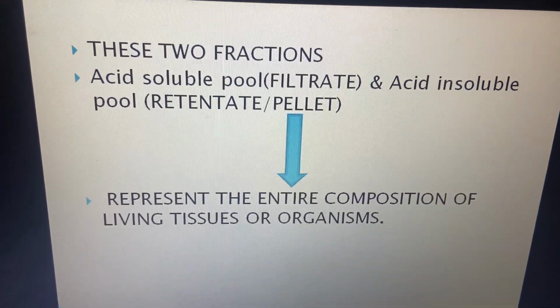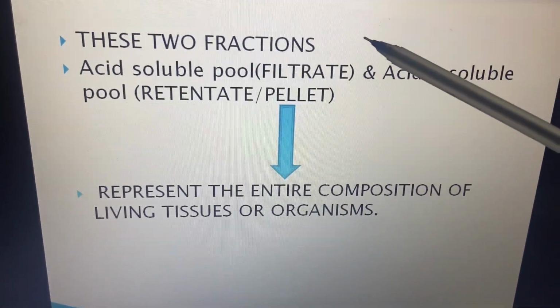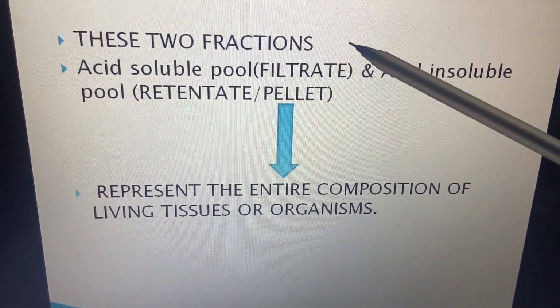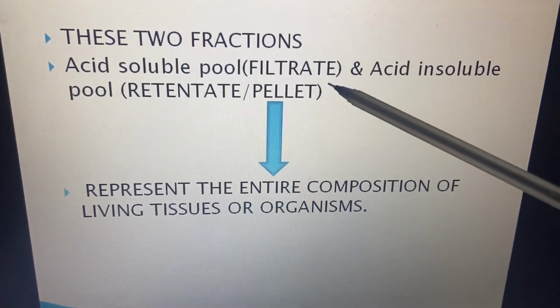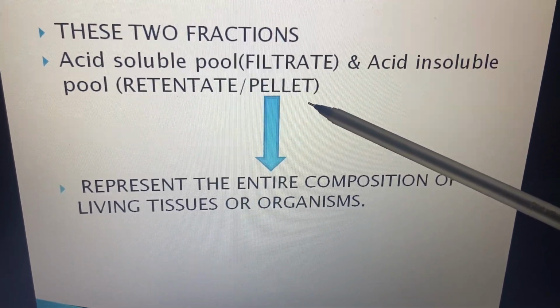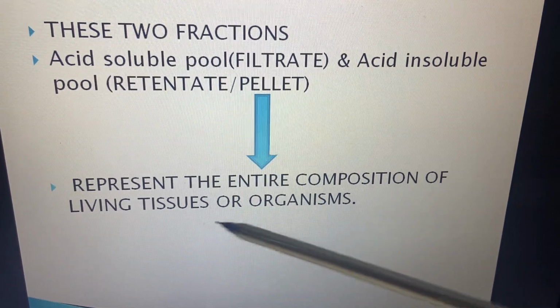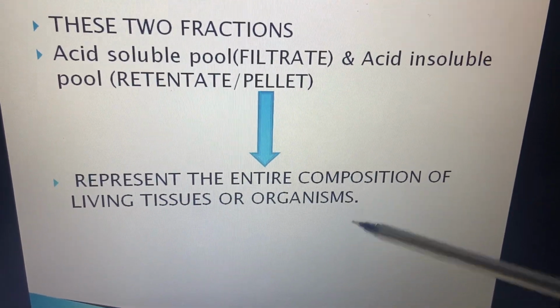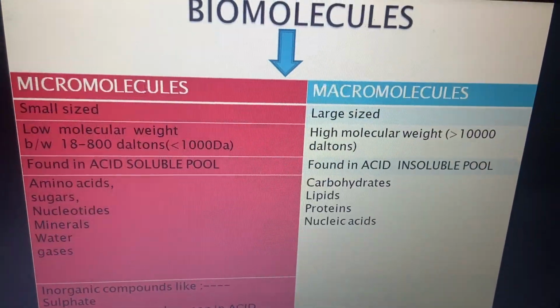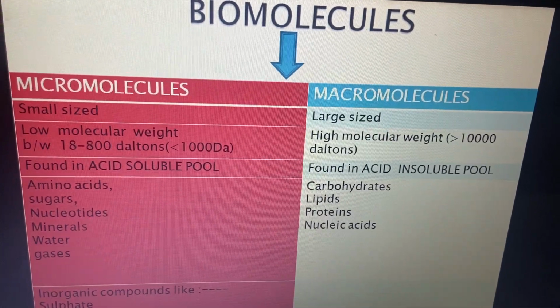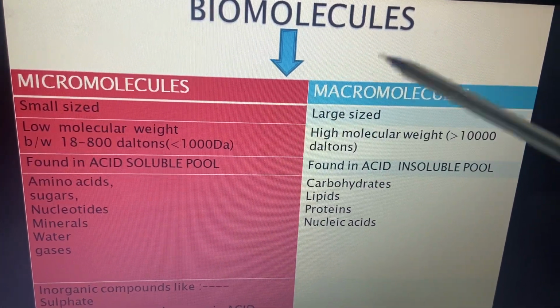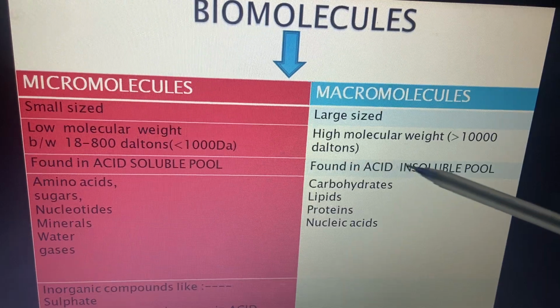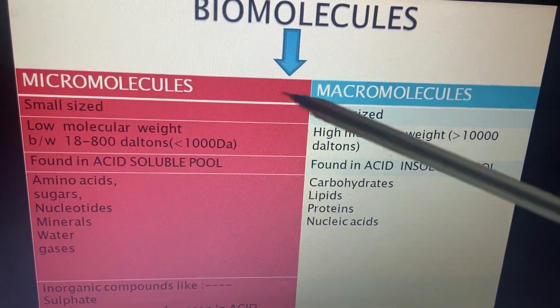These two fractions, filtrate and retentate, represent the entire composition of living tissue or organisms. After conducting this experiment, we came to conclude that biomolecules are composed of micromolecules and macromolecules.